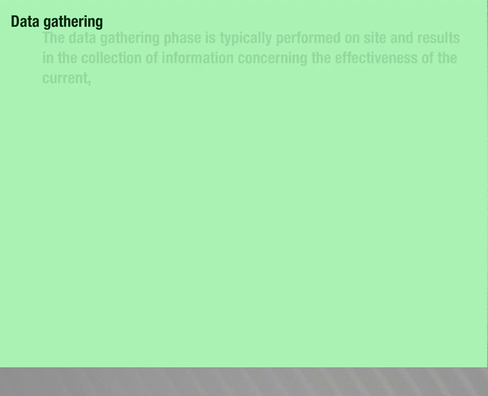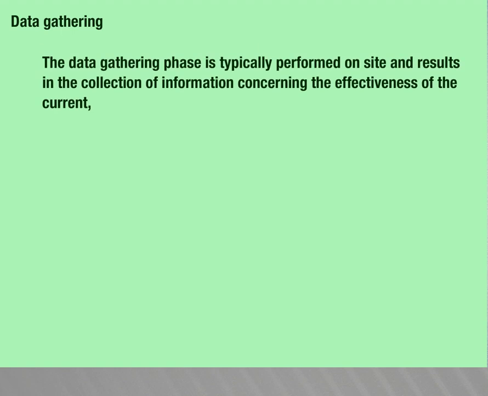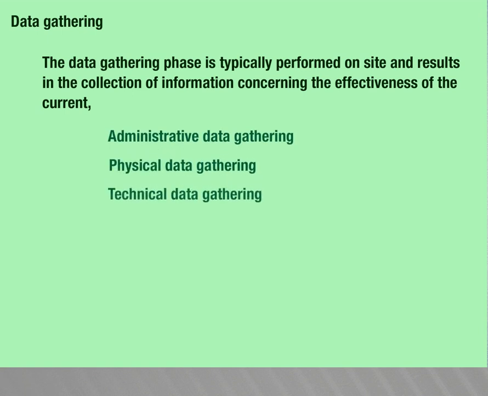Data gathering. The data gathering phase is typically performed on site and results in the collection of information concerning the effectiveness of the current administrative data gathering, physical data gathering, technical data gathering.